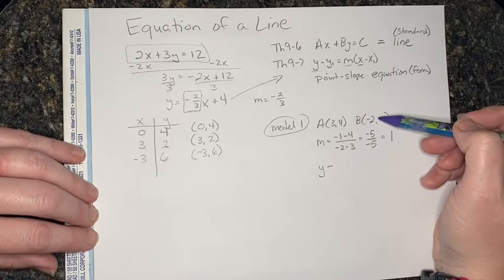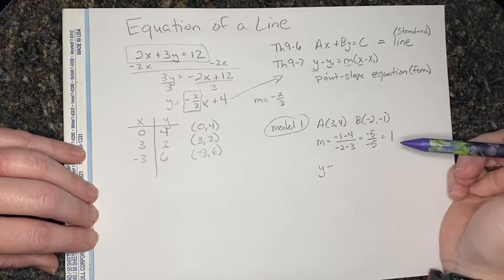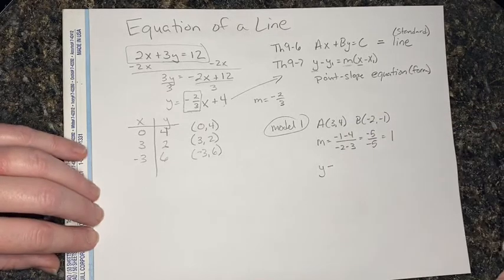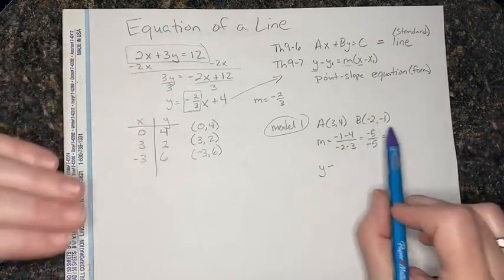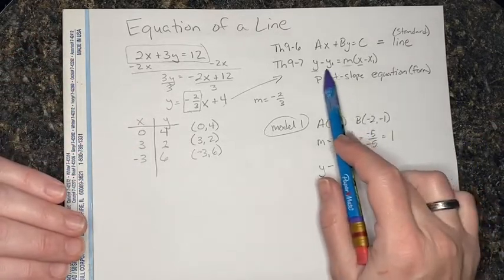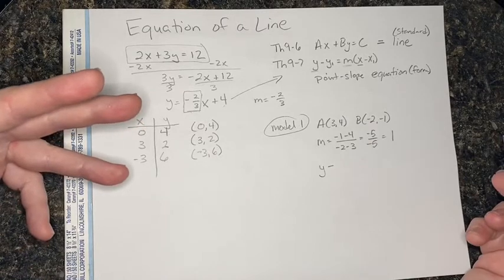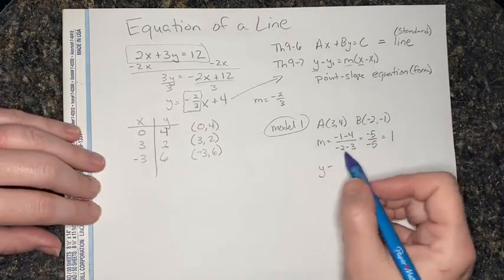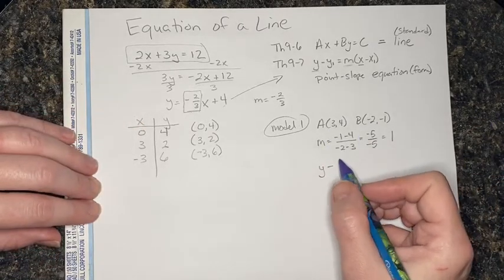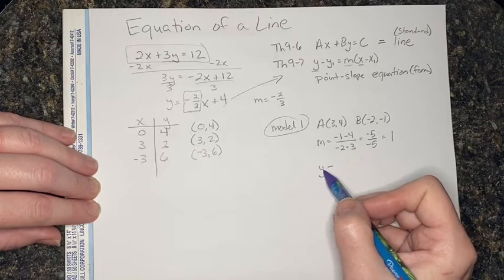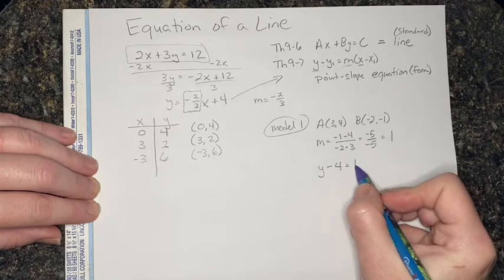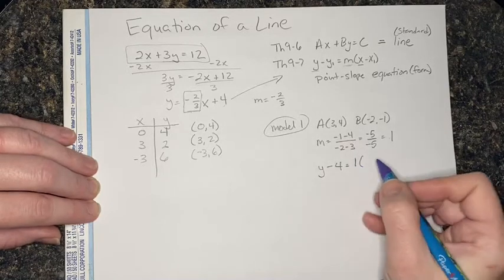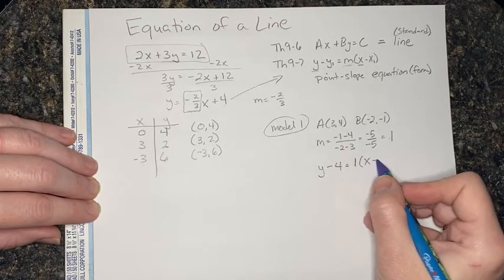The example in the book uses point A, so I'm just going to walk you through point A because I don't want it to be confusing. But if you use point B for this equation, it will still work out to be the same, believe it or not. But let's use point A because that's what the book chose to do. So it's going to be y minus 4 is equal to my slope of 1 times x minus 3.